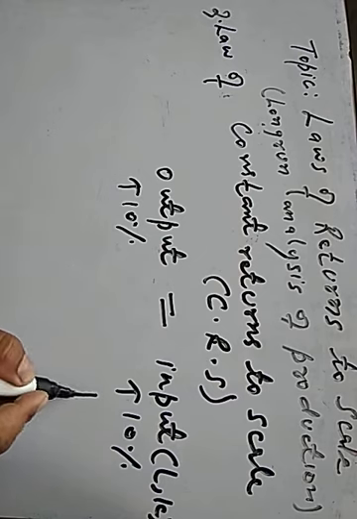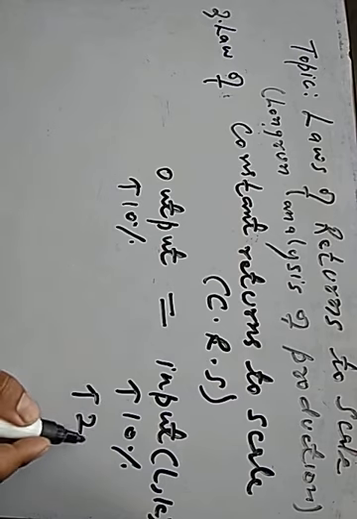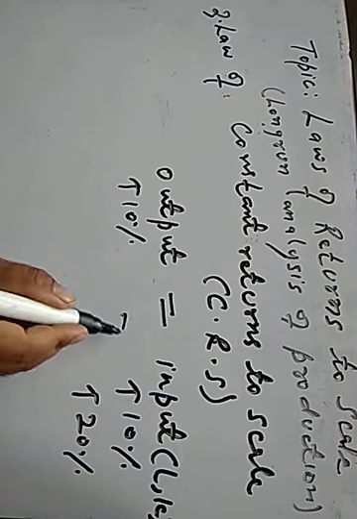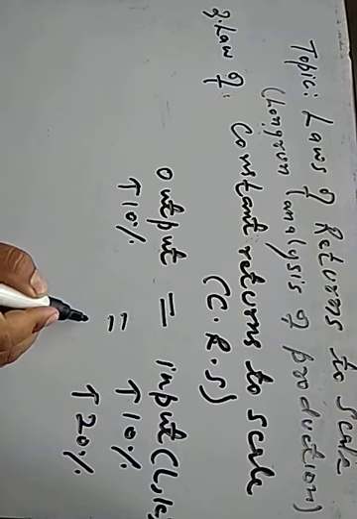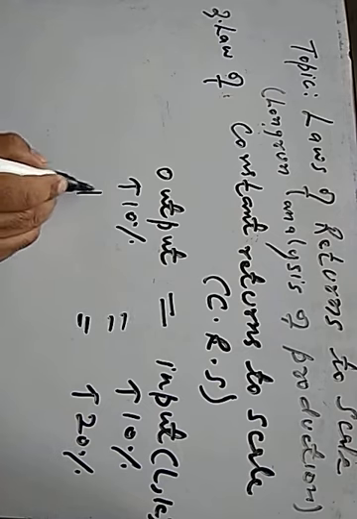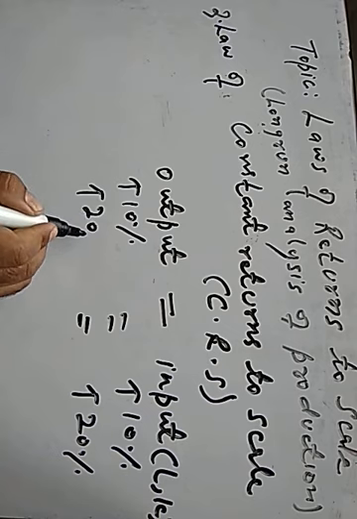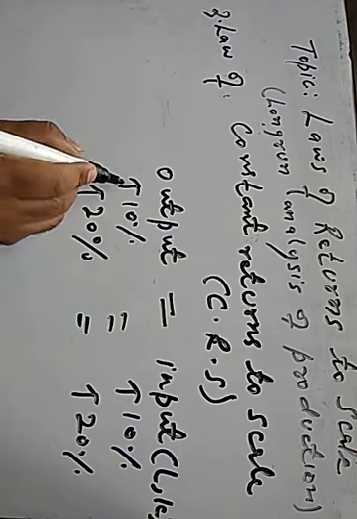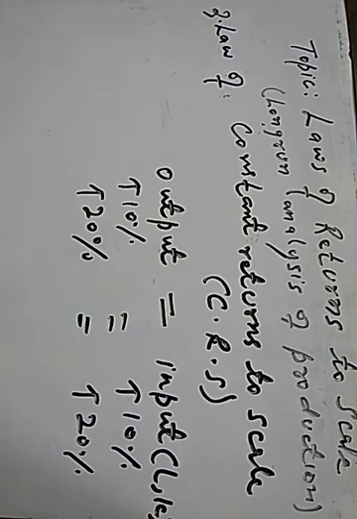If it is increased by 20%, the output will also increase by 20%. This arrow shows increase. Means in case of constant returns to scale, the increase in input leads to the same increase in output.